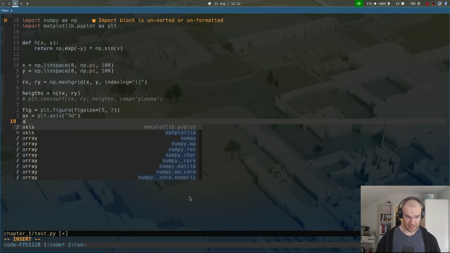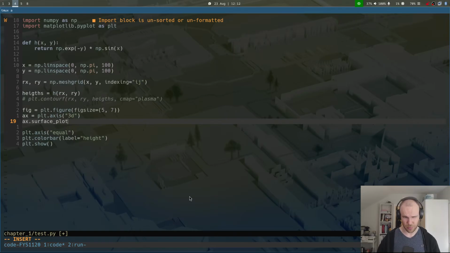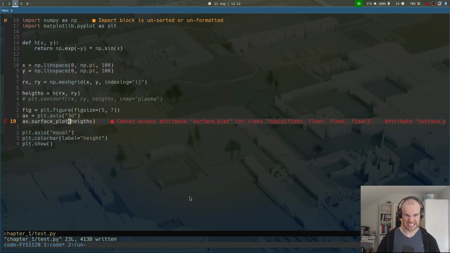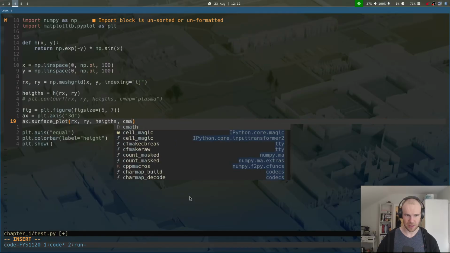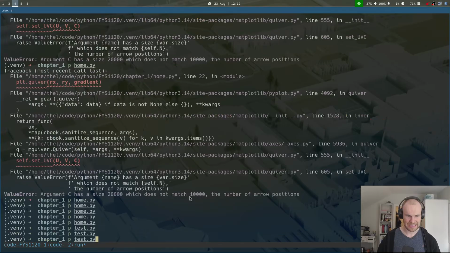And then it's ax.surface_plot or plot_surface, and then heights, isn't it? Rx, Ry. And we can go cmap again. Let's run plasma. Yeah. Oh, let's see.